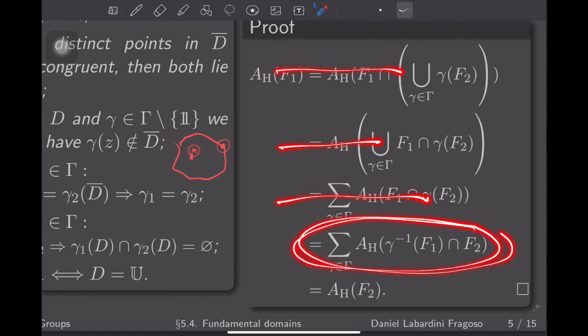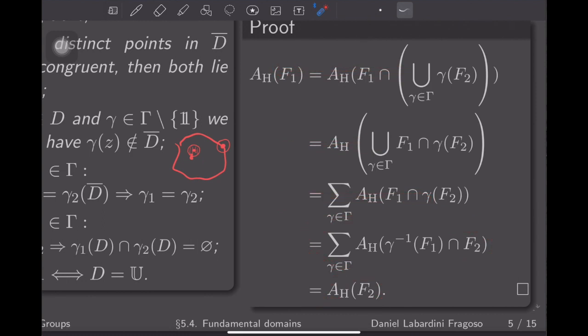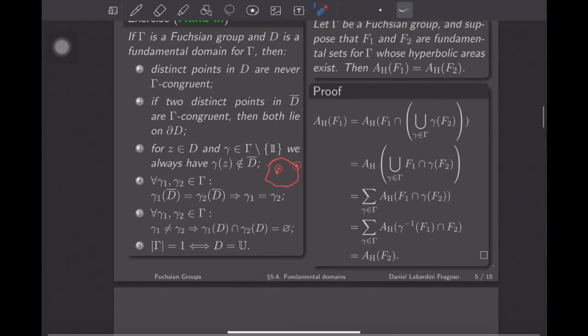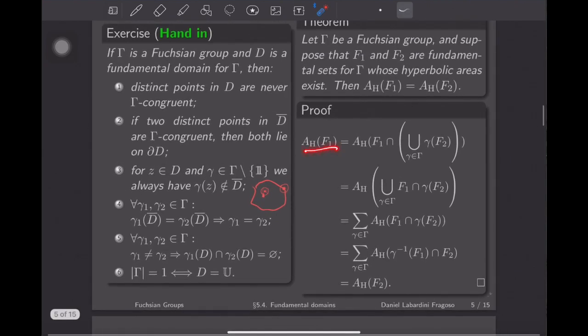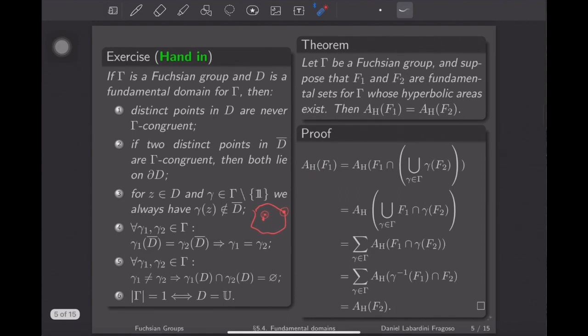So this one is the area of F2. Or if you want, I can just rebuild the path back to the area of F2. And then they are equal, except for the area of this disjoint union, that it really gives me the sum of them.